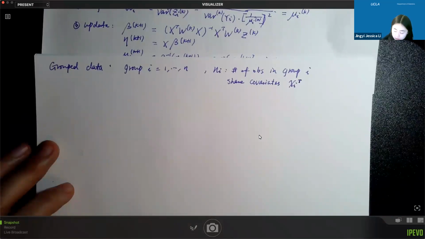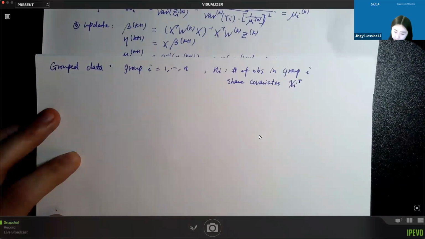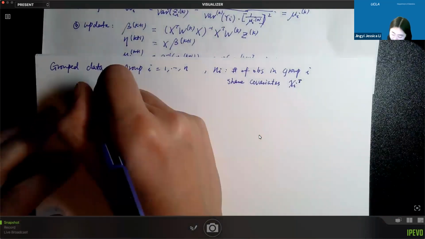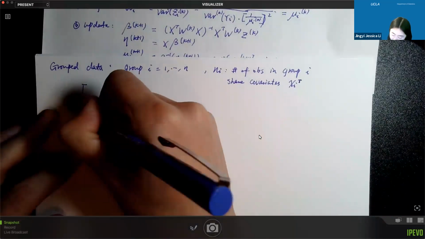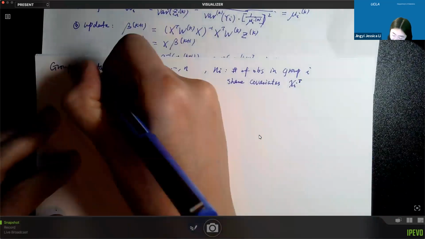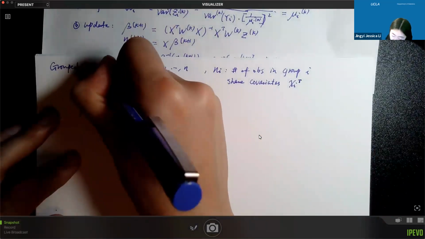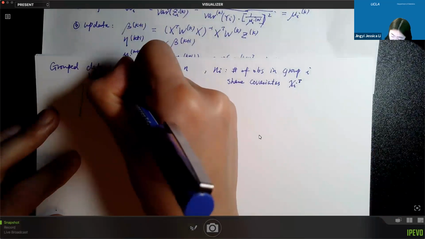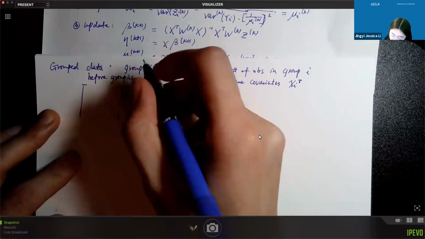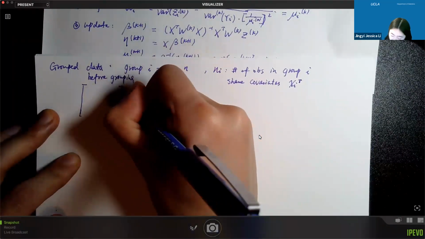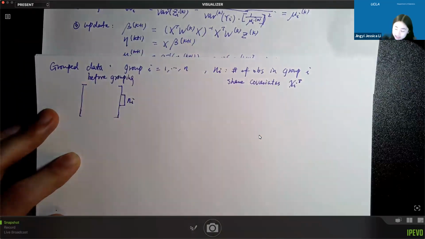So in other words, if you think of the before grouping and after grouping design matrix, let's say I have n_i rows that are exactly the same.